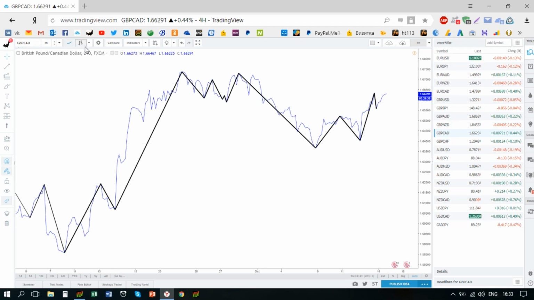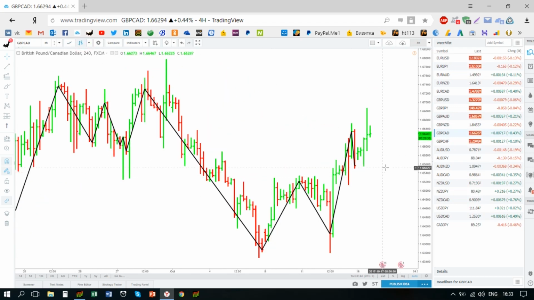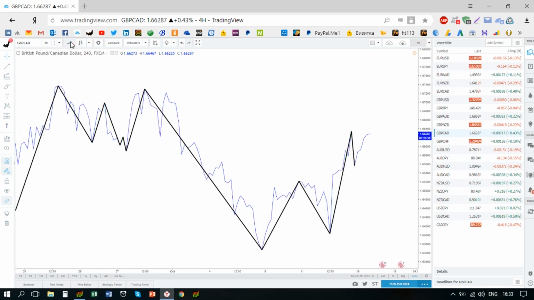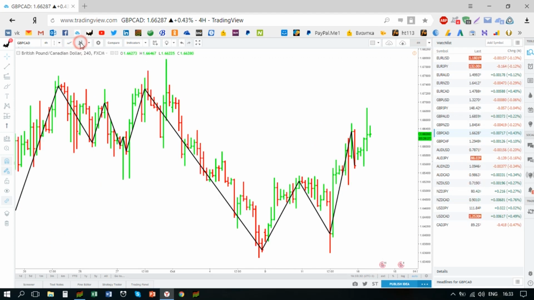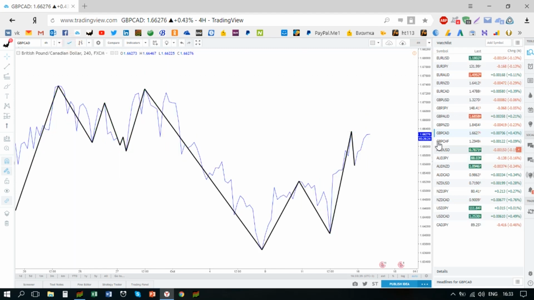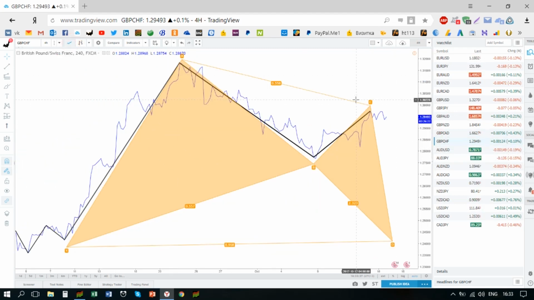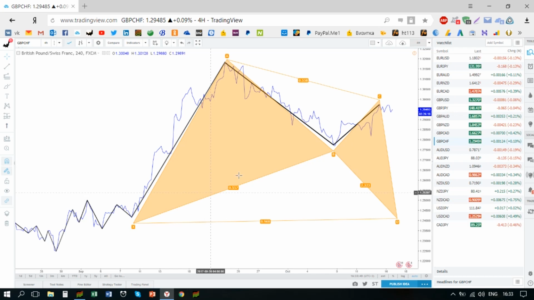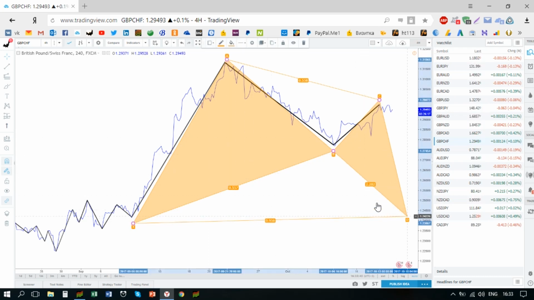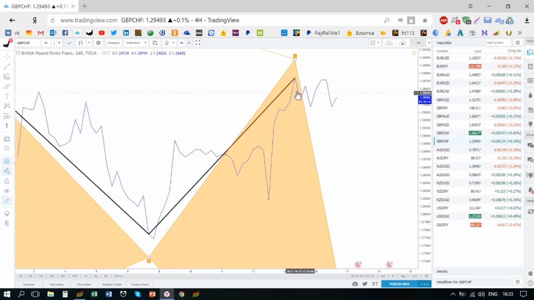GBP CAD, GBP Canadian. No, no pattern, nothing. Not yet, maybe a bit later. GBP CHF, well, this bat formation is valid, nothing violated.